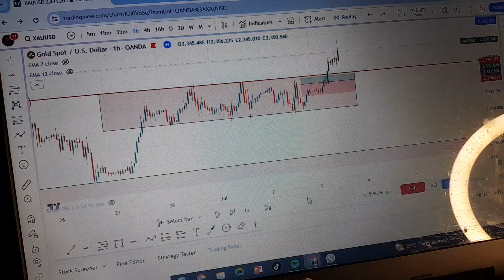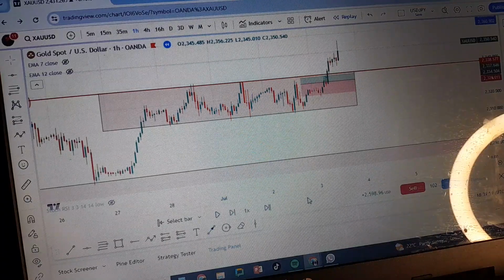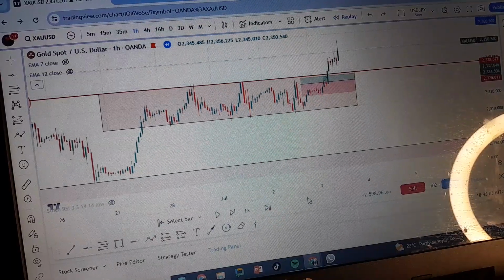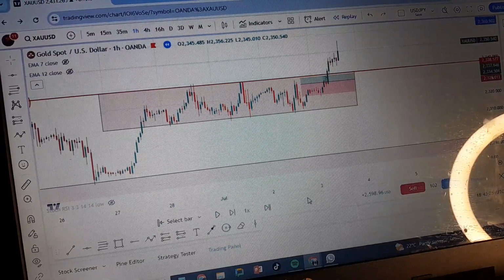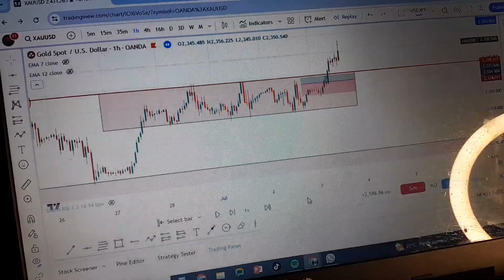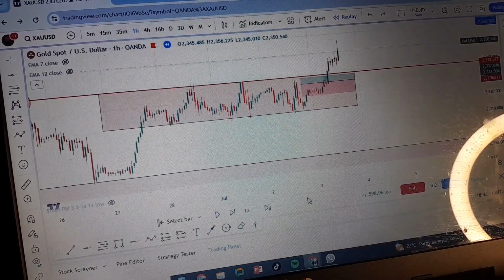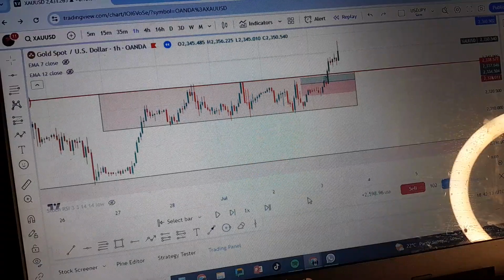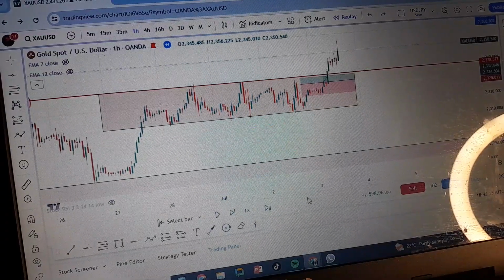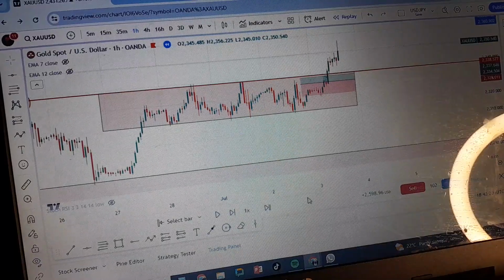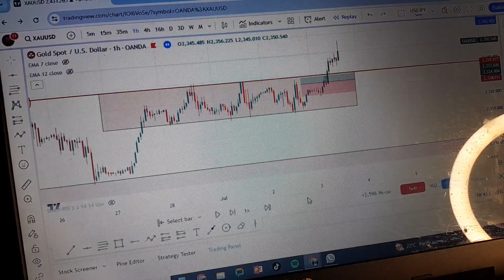Then the other thing, I use the higher time frame to analyze my charts and identify areas of value. I go top-down analysis by scaling down to look at the lower time frame and also pick some other areas of value. I use some chart patterns like rectangle, triangle, and all that to identify where the price is moving, and I support it with indicators for the sake of getting perfect entries.